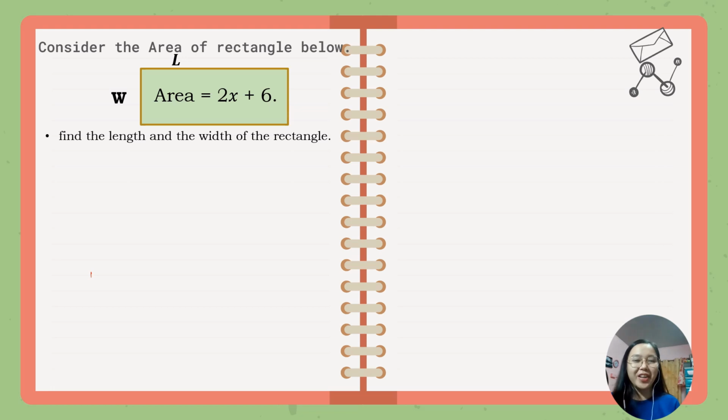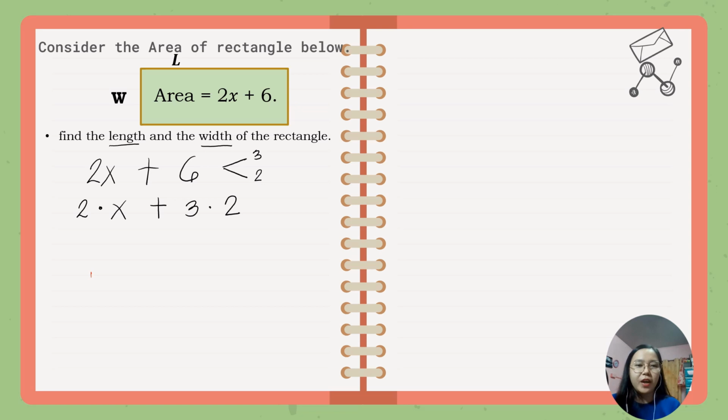So now, working backward. We have here a given area, and we need to find the length and the width. From the given area, we have 2x plus 6. When we factor, it is 2 times x plus, and the factors of 6 are 3 and 2. So we have a commonality.